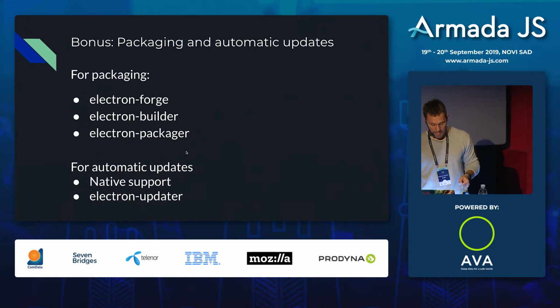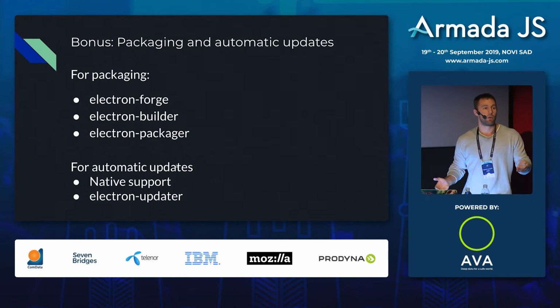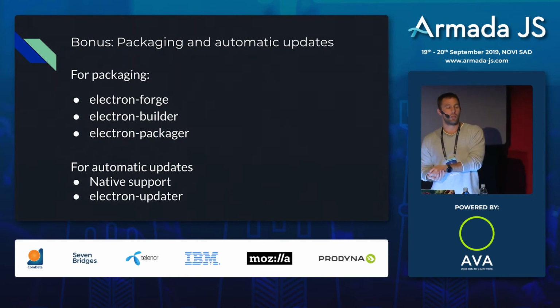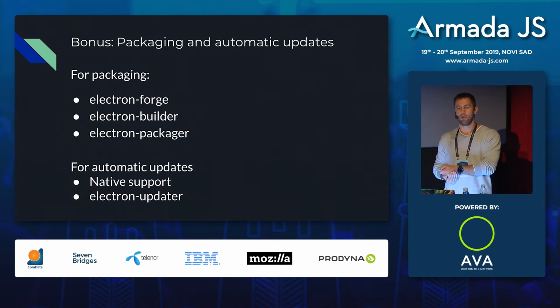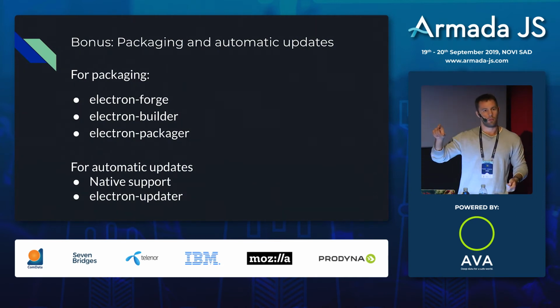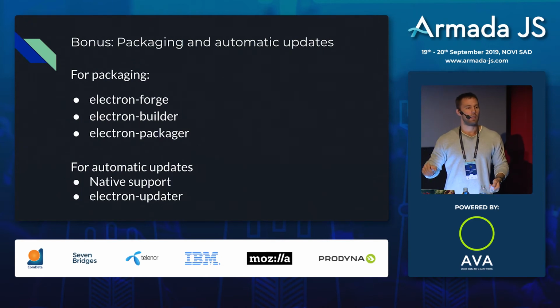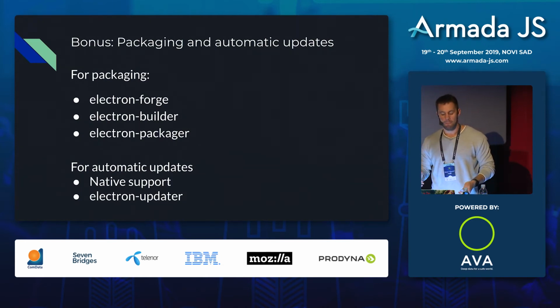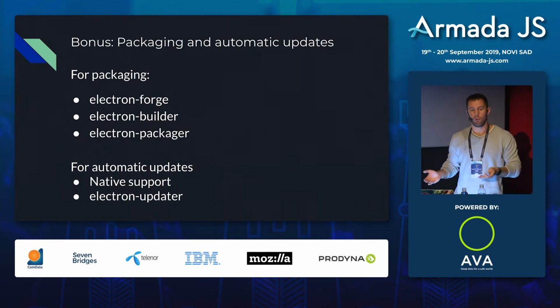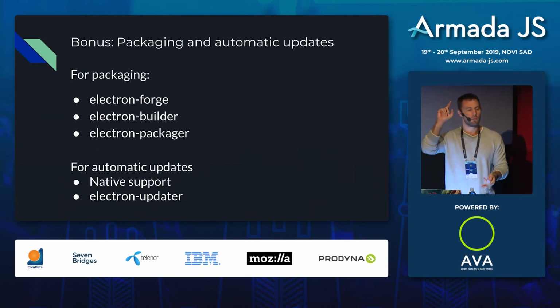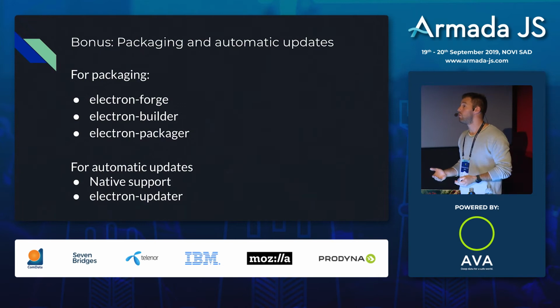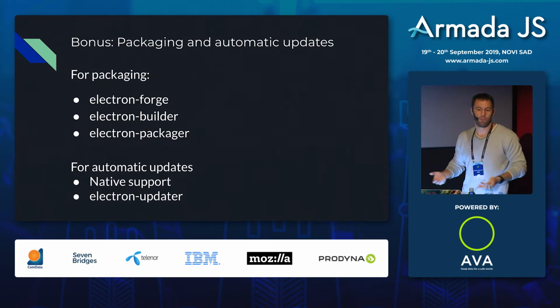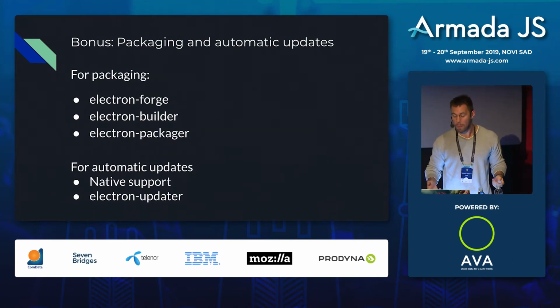Another thing you need to think of is automatic updates, because you do not want to say to your user, "Hey, I have an update, please delete your old app and install a new one every time." You need to allow the user to receive a notification, click, and just update the app. Those are things you don't have to do with standard web apps.